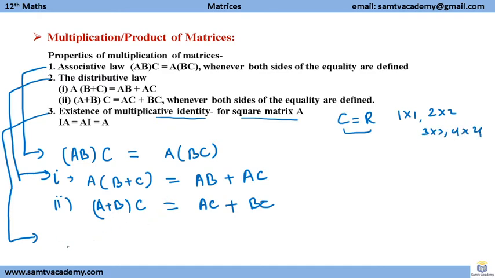So in a square matrix, if the identity matrix is multiplied with matrix A, that will be equal to, if A is multiplied with the identity matrix, that is only the A matrix.